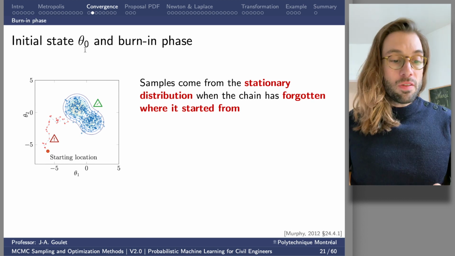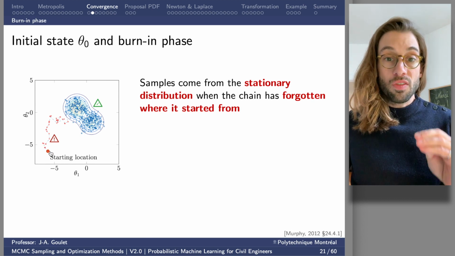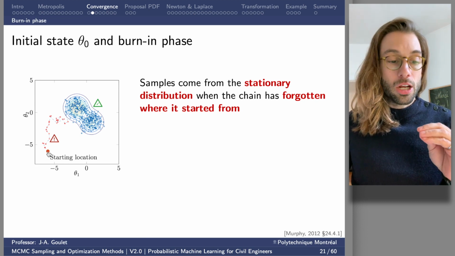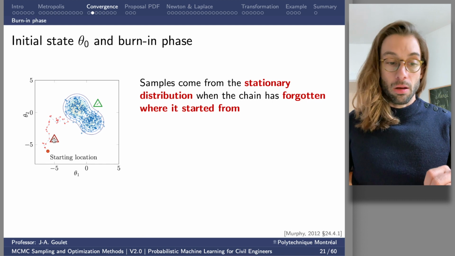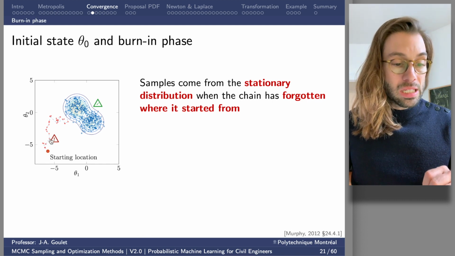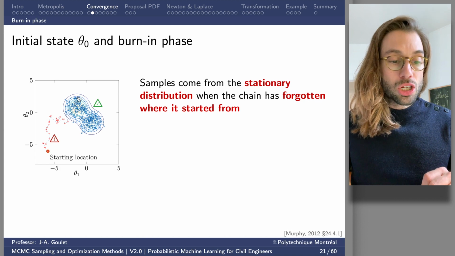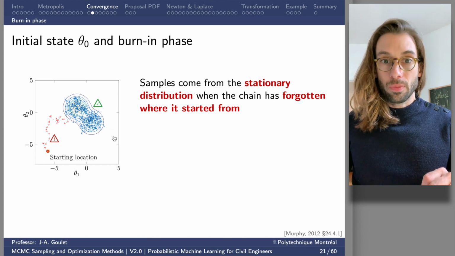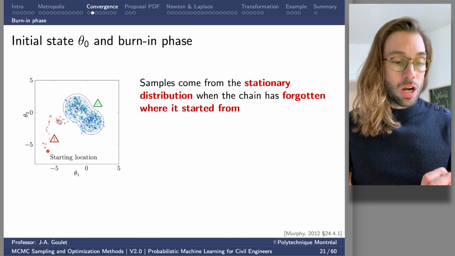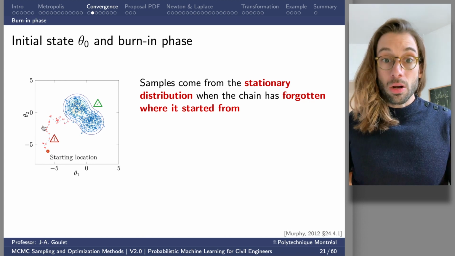If you start your chain in a region of the domain that has really low probability content, it's going to take several samples in that very low probability region to reach the part of the domain where you have significant probability content. That means that this start of the chain should be discarded.